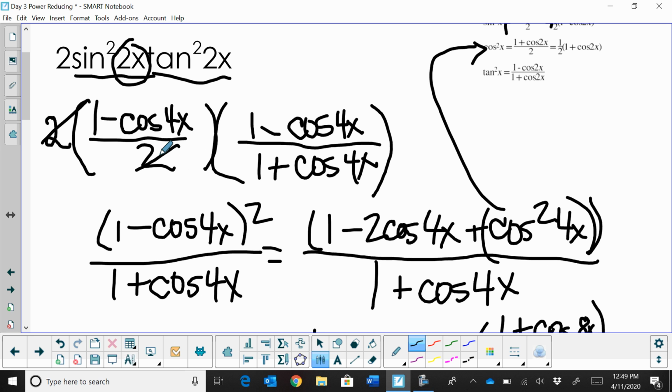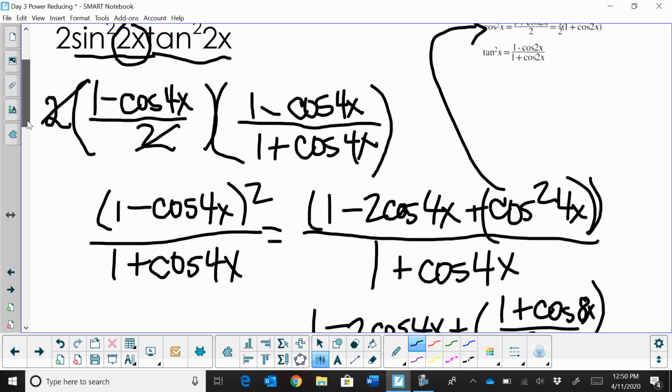Then I canceled out my 2's, and I had 1 minus cosine 4x, quantity squared on top, all over 1 plus cosine of 4x. Now, this is not a first degree, so I had to multiply it out.